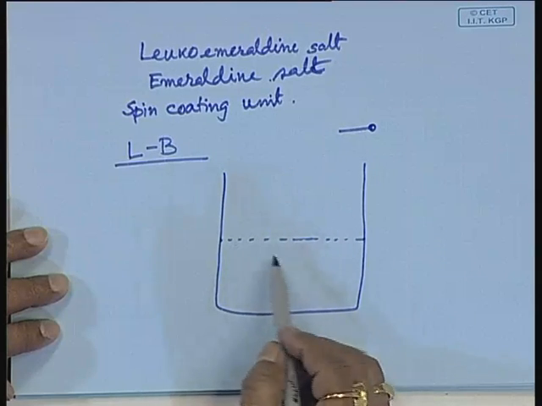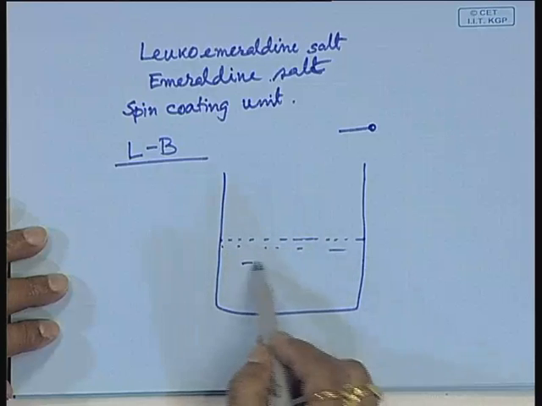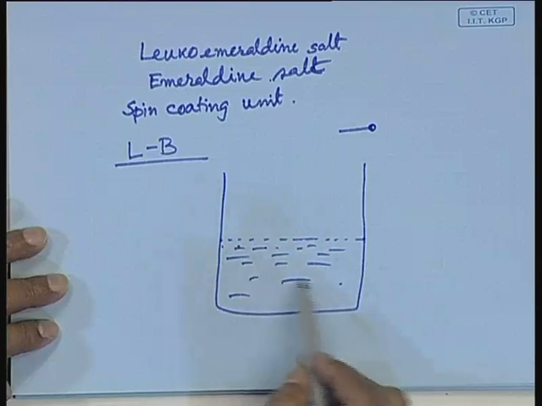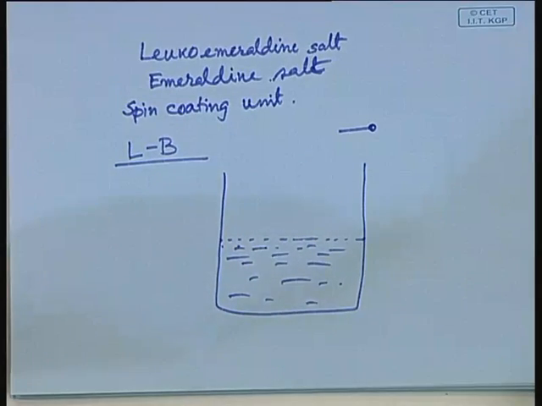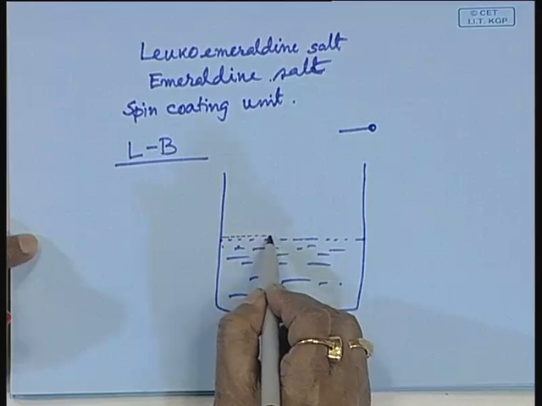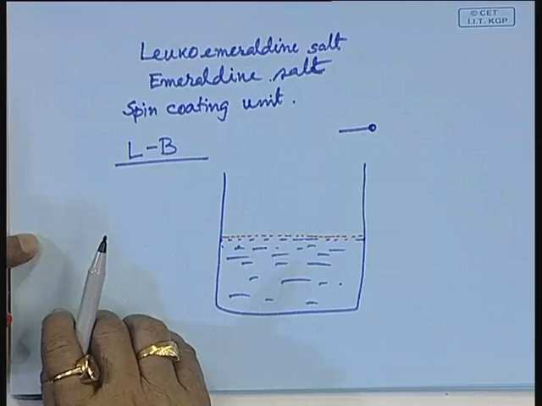This is the water level, the upper meniscus, and here are the water molecules. Over this, suppose you have a thin layer of stearic acid solution in chloroform.